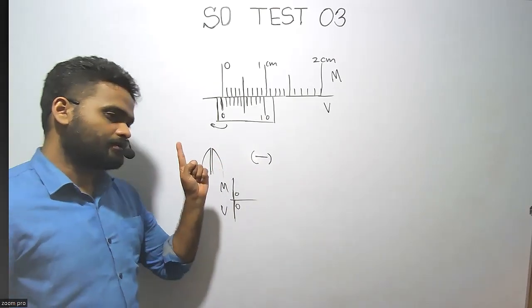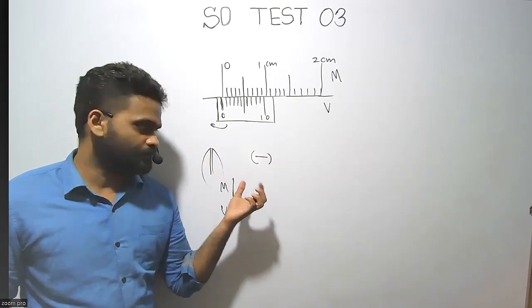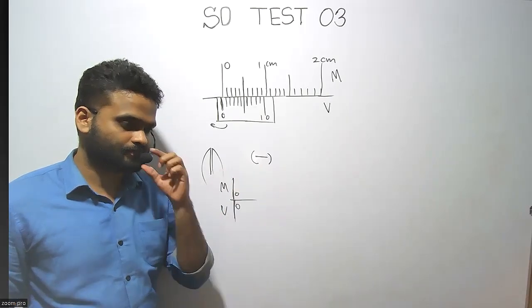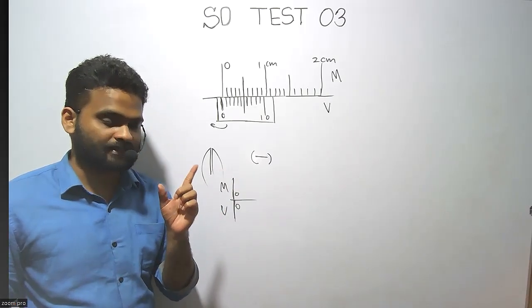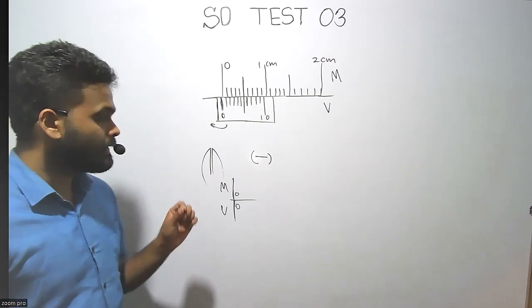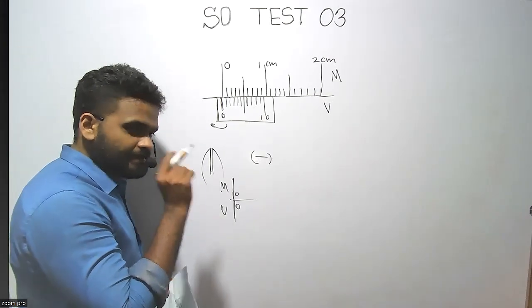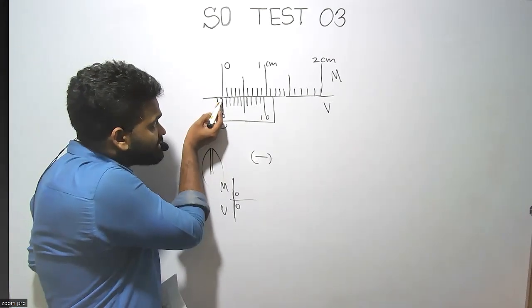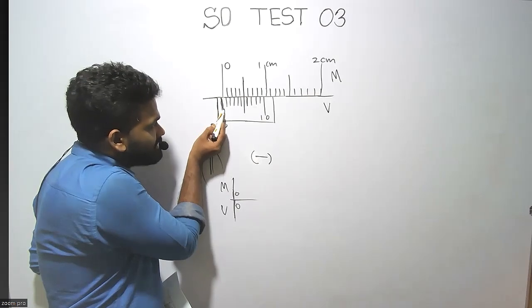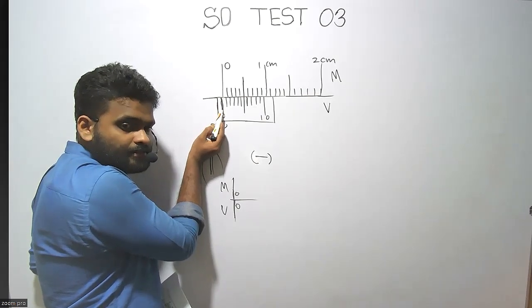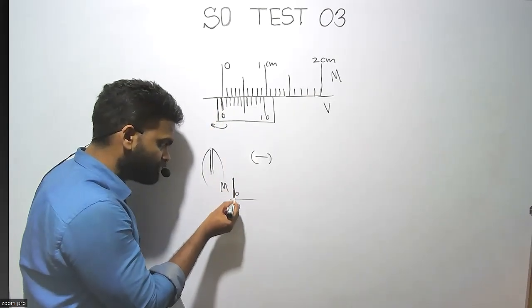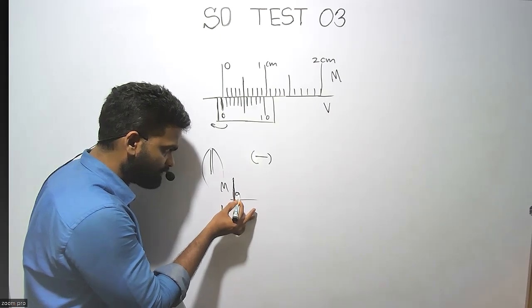So there are many methods to find the 0 error, but I suggest you do this method. This is less confusing, right? So 0 error is how much this 0 has shifted to this side. Correct one is it should not be shifted to any of the parts.